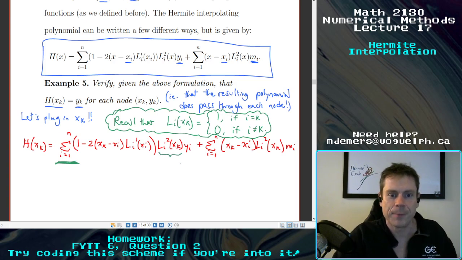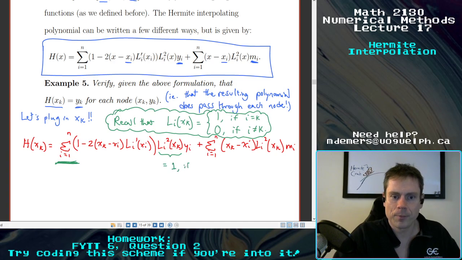This quantity right here is going to equal 1 if i is equal to k. I know it's a weird thing, but the i's are the thing that's going through. Or 0 if i does not equal k.